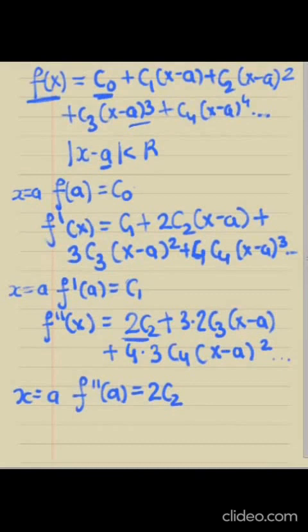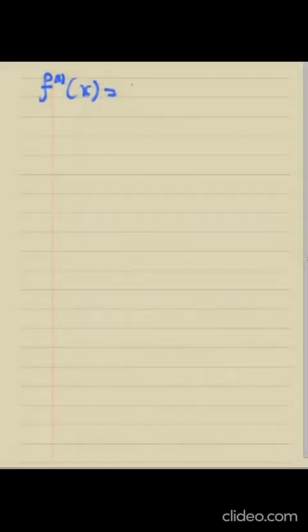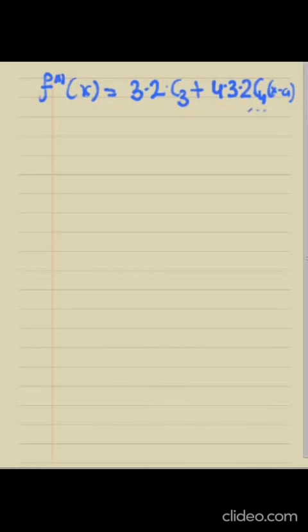We have 3 times 2 times c3 plus 4 times 3 times 2 c4 times x minus a, and so on. And we're going to evaluate this at x equal to a. So therefore, f triple prime of a equals 3 times 2 times c3.